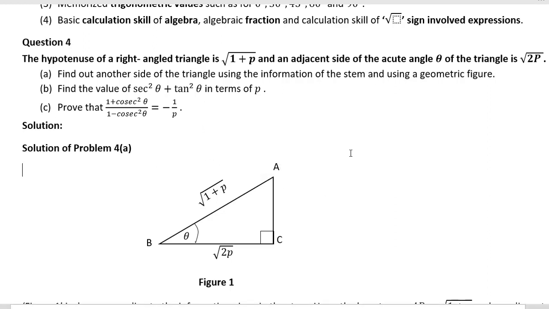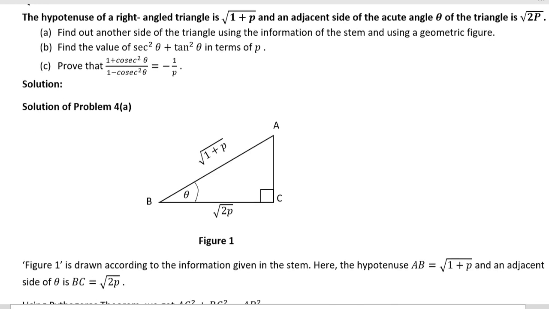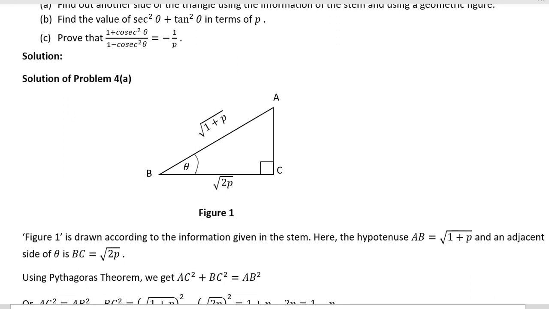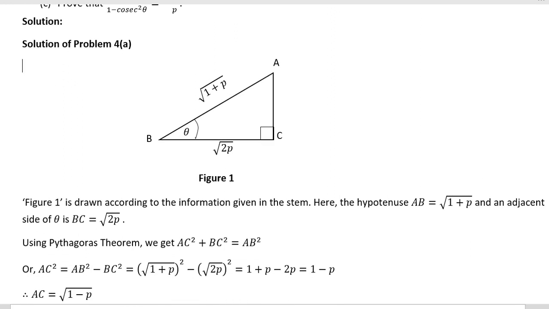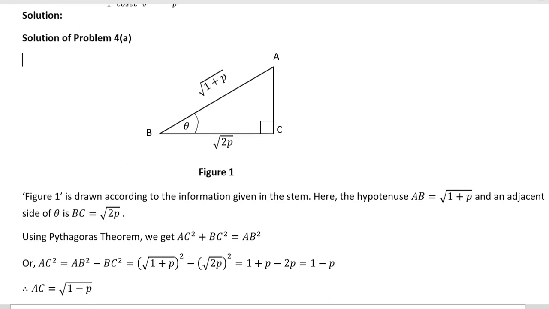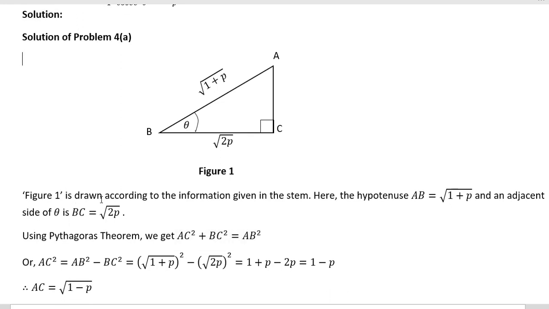So I believe you have tried by yourselves to solve this problem, solution of problem 4a. Pausing the video. Now come back to my solution. How could I do this? As I am asked to draw or construct a geometric figure, I have written that figure 1 is drawn according to the information given in the stem.